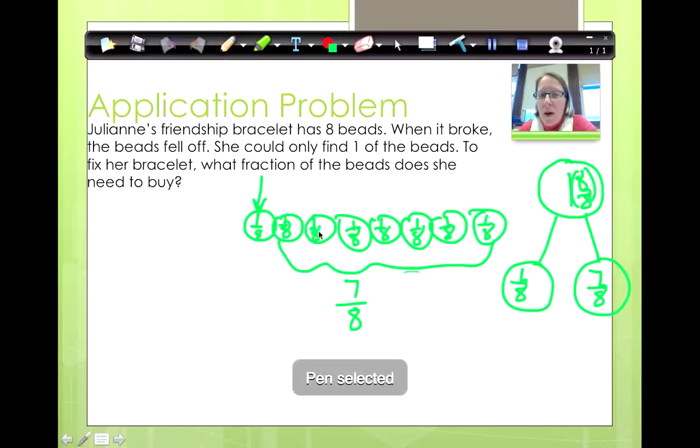So you have to stay with a unit for the entire division. So if we made 1/8 for the entire bracelet, then the leftover stuff still is 1/8. They didn't magically change just because I took one out of the picture. Okay?